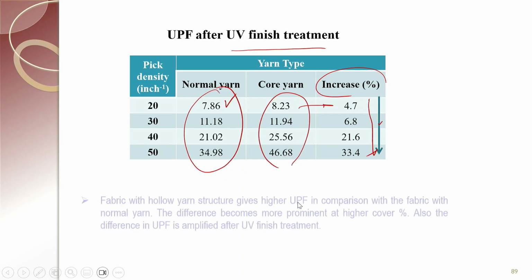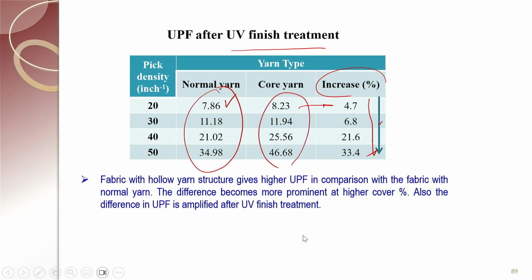So, now fabric with hollow yarn structure gives higher UPF compared to the fabric with normal yarn, that is true for without treatment and with treatment. The difference becomes more prominent at higher cover factor. Also this difference is amplified by UV finish treatment, that is important.